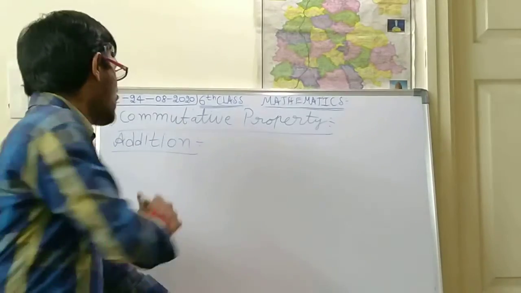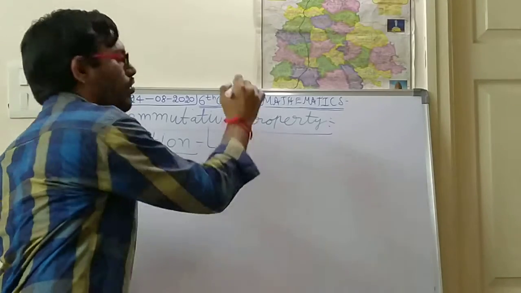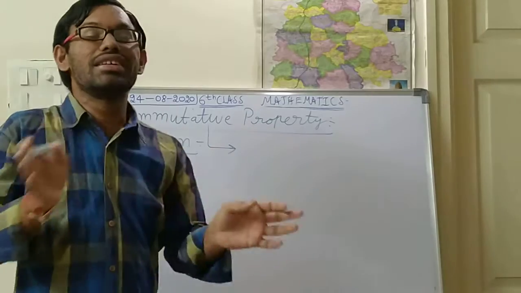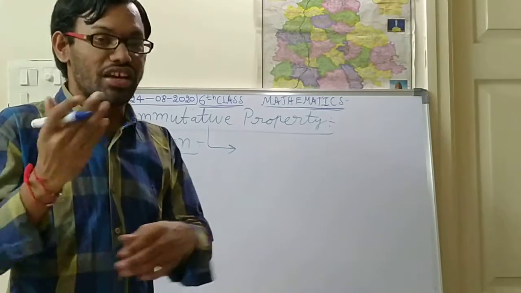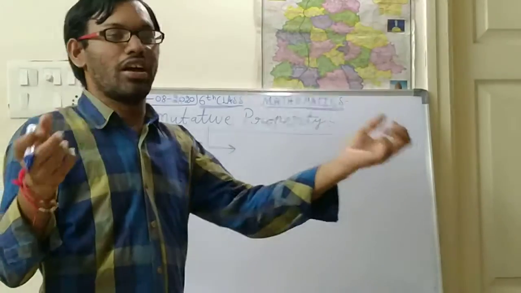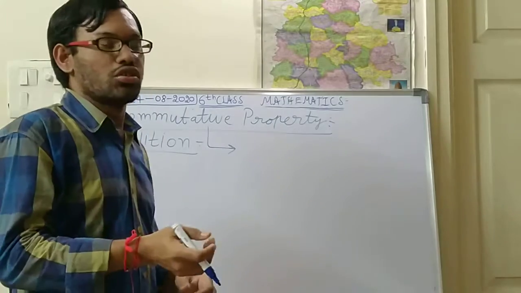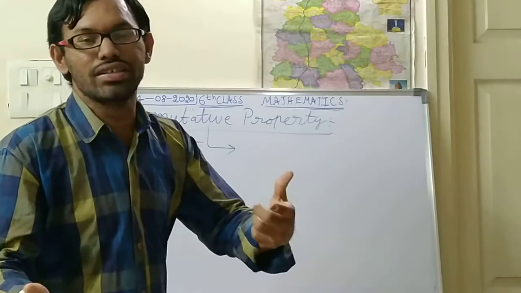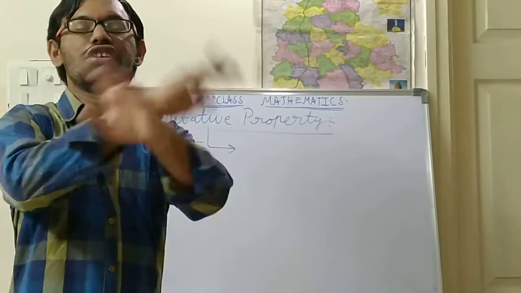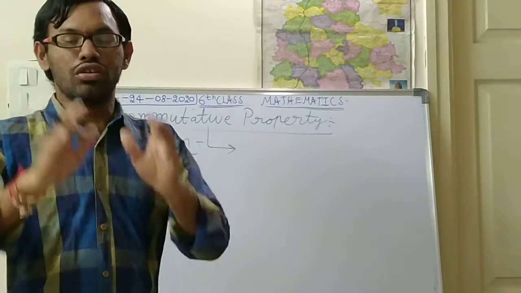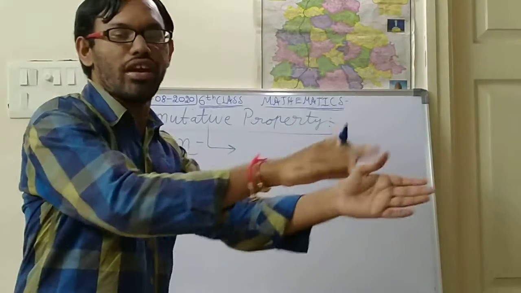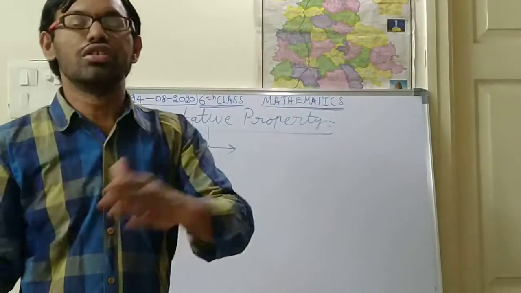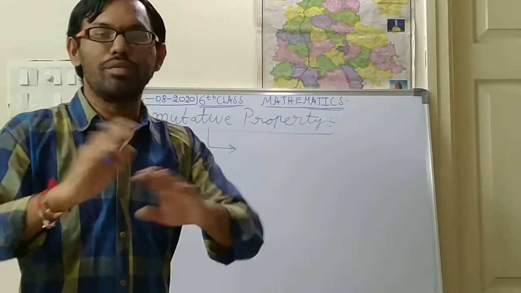First of all, what is the commutative property? You have to know the meaning of commutative. Commutative means exchanging with each other, in general words, sharing with each other. If you have 10 chocolates and your friend has 15 chocolates, and you exchange them, you give your 10 chocolates to your friend and your friend gives you his 15 chocolates, then the counts will be exchanged.